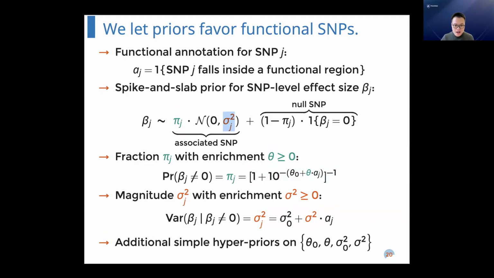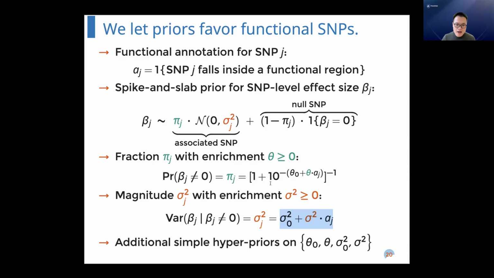So once again, I'm introducing some kind of enrichment pattern here, but this time I'm using a simple linear model, in a way that when SNP-J has some function, AJ equals 1, and then the corresponding sigma j square value would be larger than the sigma j square value for all those SNPs that are not part of those functional regions.